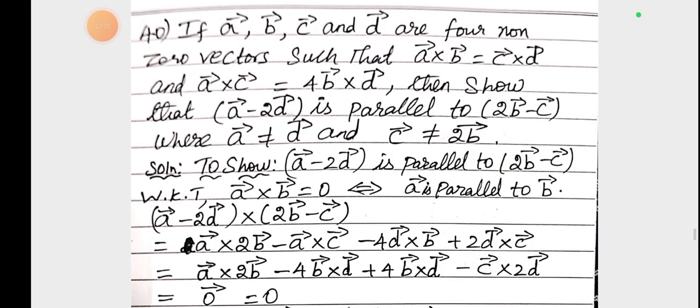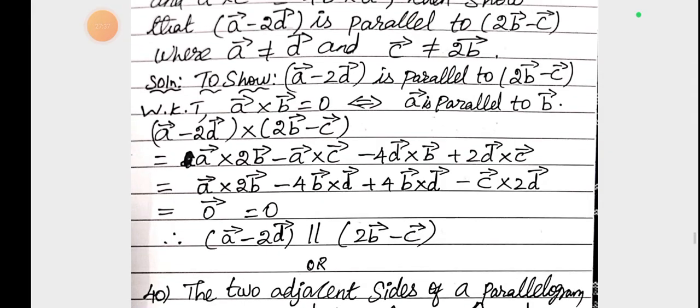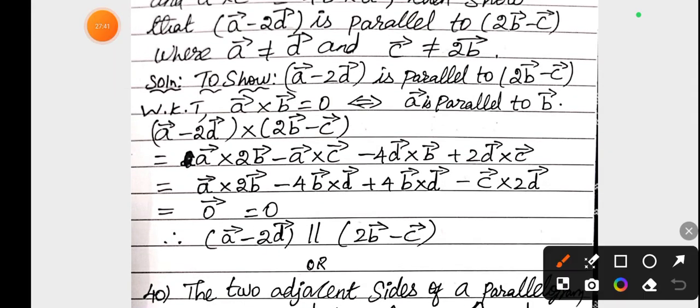So what are we going to do? We do the cross product of this. So, A minus 2D cross 2B minus C. First into first, like that only I used to do. A cross 2B.